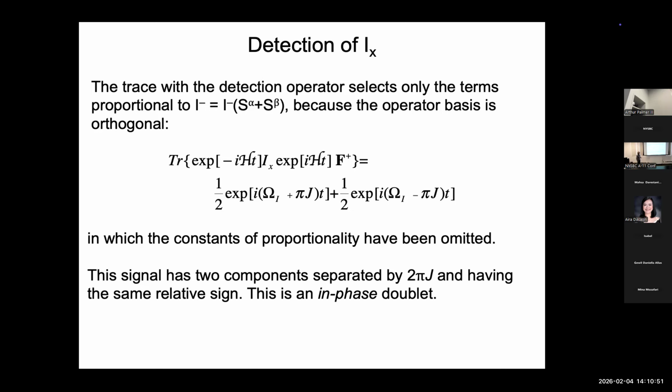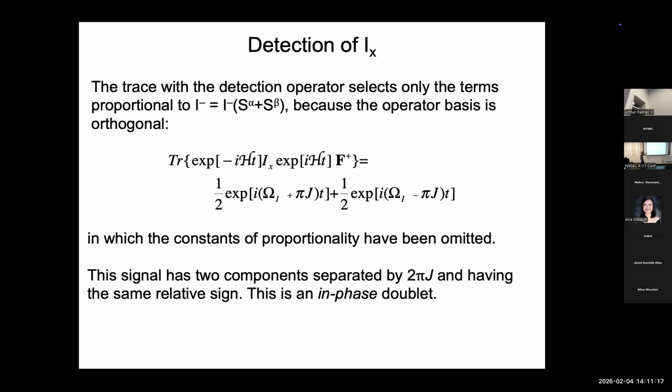If I call the detection operator F plus, I take my density operator that I just worked out, multiply it by F plus and take the trace. The trace isn't changed by a cyclic permutation. So it doesn't matter whether I did sigma F plus or F plus sigma.